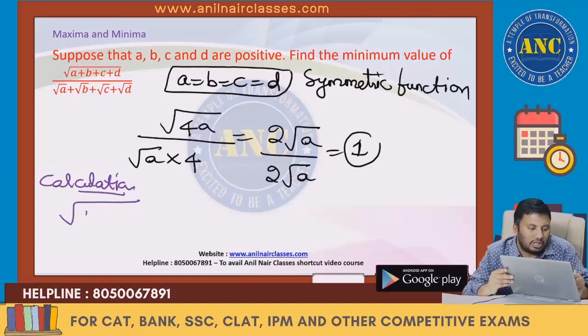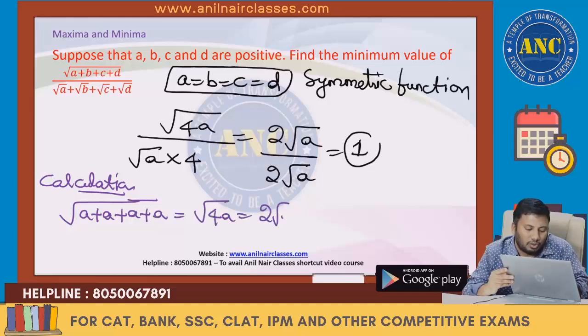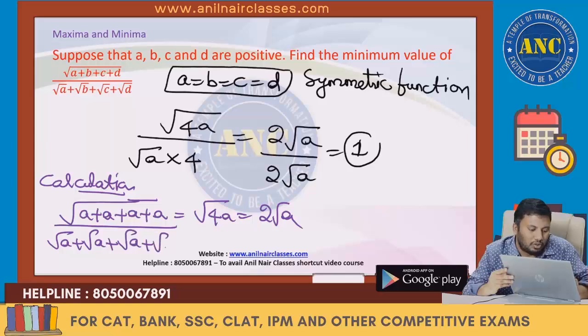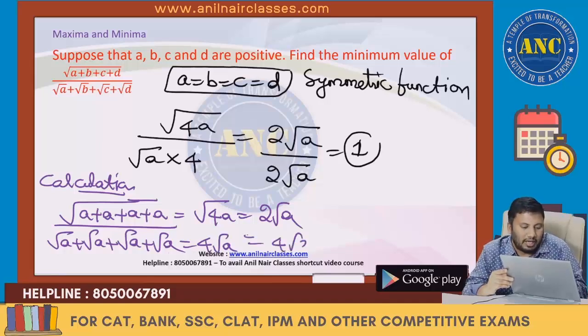So this is nothing but A plus B plus C plus D, which is nothing but root of 4A, which is 2 root A, divided by root A plus root A plus root A plus root A, which is 4 root A. I think here I made a calculation mistake.